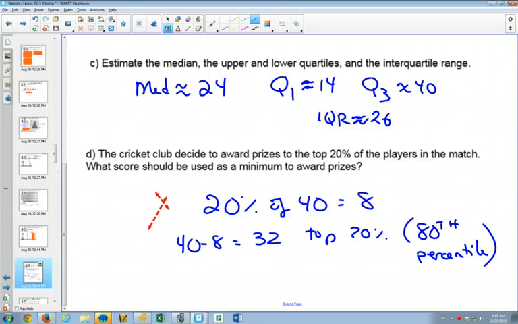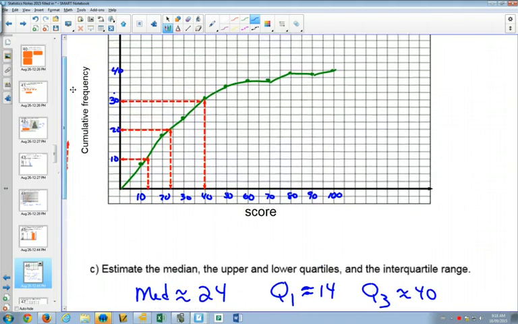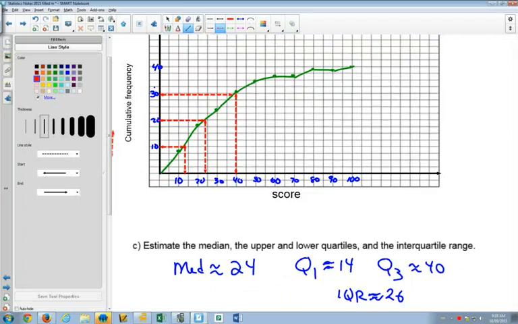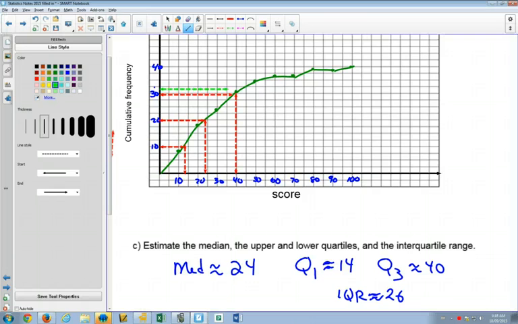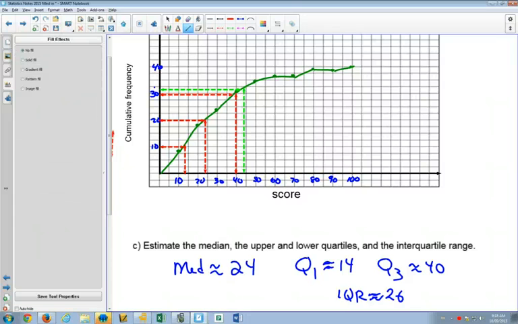So now if I go back to my diagram, pick a new color, purple. No, that's too close to red. Bright green. And I go to 32, which is, wow, that's really bright green. Down and over, looks like about 44.